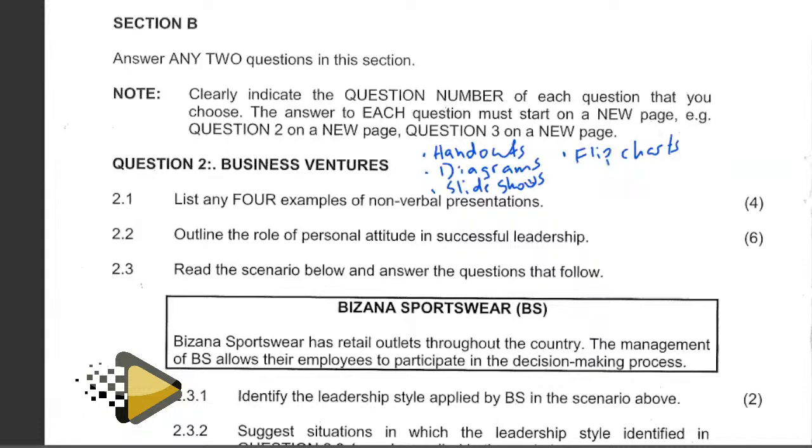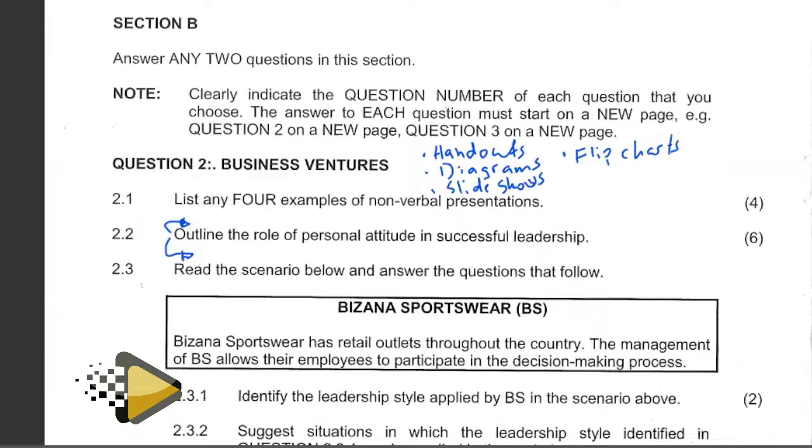Okay, right. Now let's move on to question 2.2. It reads as follows: outline the role of personal attitude in successful leadership.